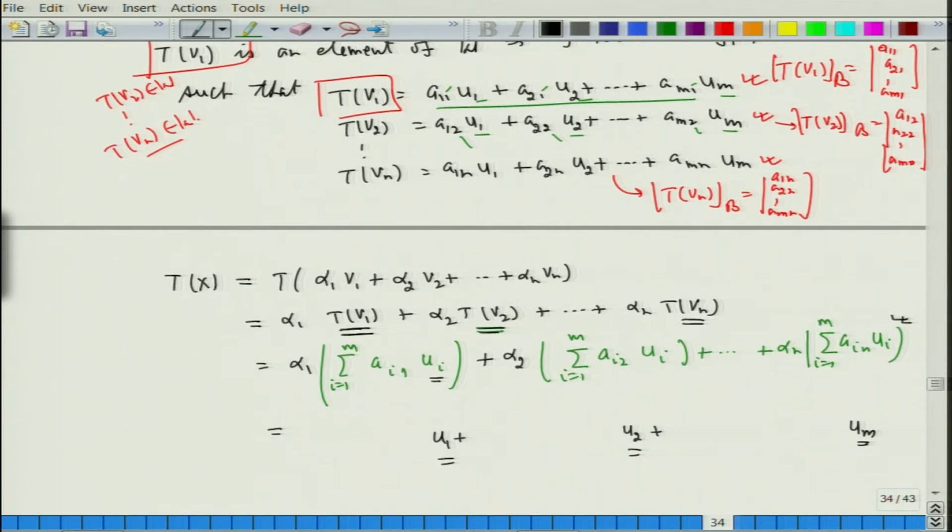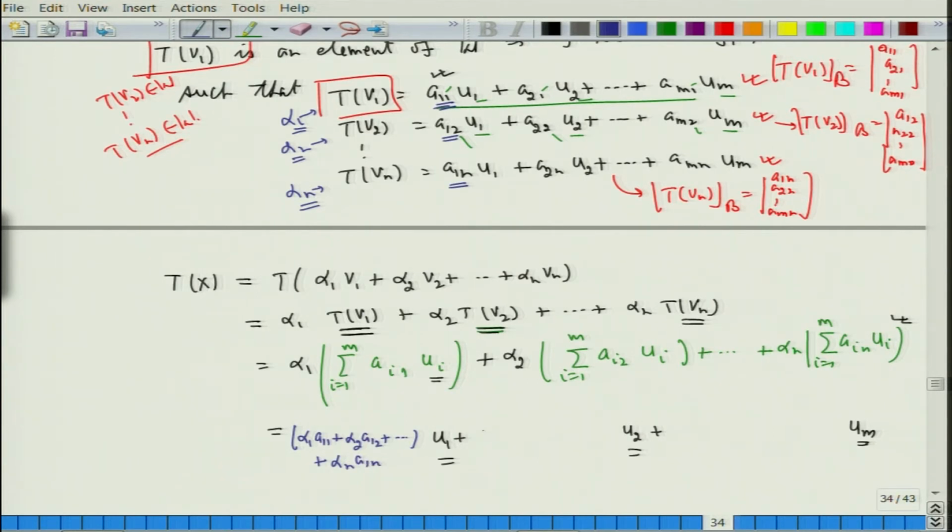So look at here, this is getting multiplied with alpha 1, this is by alpha 2, this is by alpha n. So I'll get alpha 1 times A11 here, plus alpha 2 with A12, plus so on, plus alpha n multiplied with A1n.